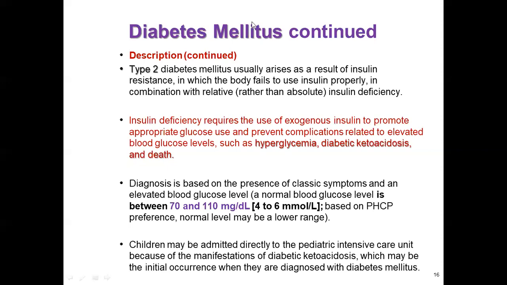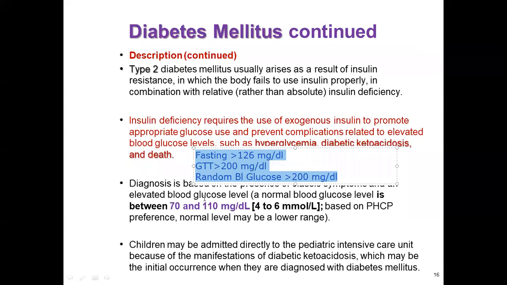As I told you, the normal blood sugar level in pediatrics is 70 to 110 milligrams per dL, or 4 to 6 millimoles per liter. But when we diagnose diabetes, the fasting blood sugar should be more than 126 milligrams per dL. Fasting means the patient has not eaten for at least 8 hours.